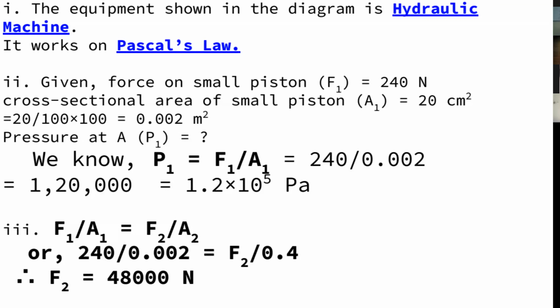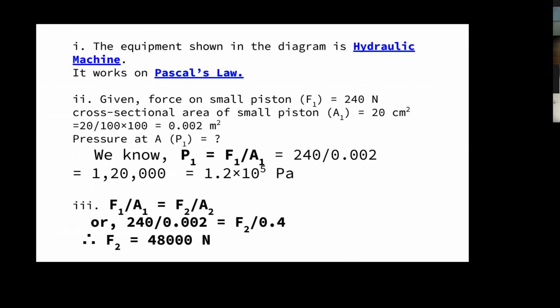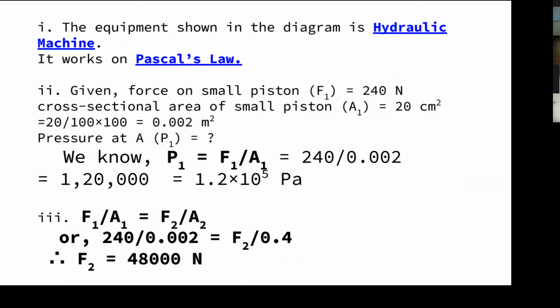Since in this question we are asked to find the pressure only on that piston, and force is given in the SI system, for finding the correct numerical value of pressure we have converted that centimeter square into meter square.